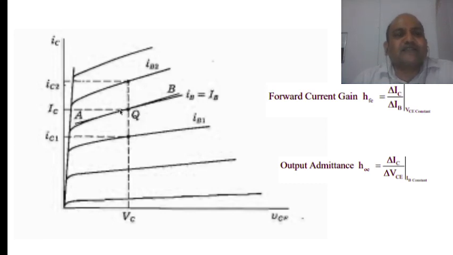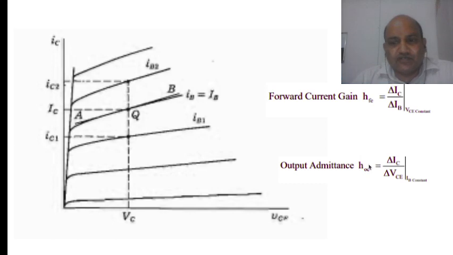The Q point is the minimum operating point, means the minimum requirement to use your transistor as an amplifier. So this is the basic criteria. You can use any curve, this curve or this curve, for finding HOE.